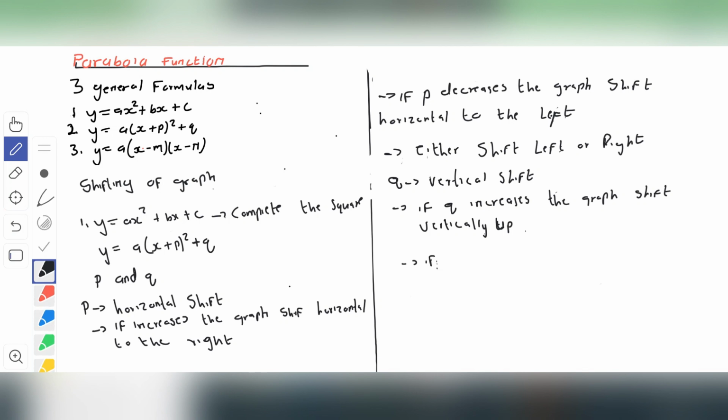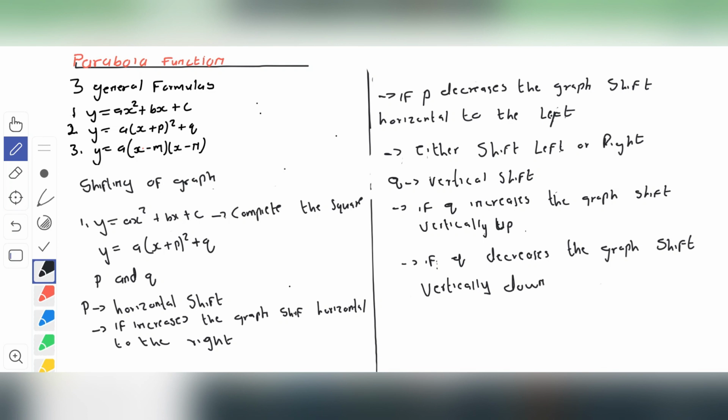And if Q decreases, the graph shifts vertically down.